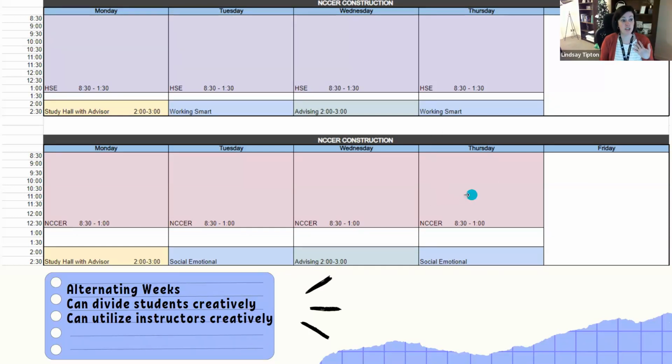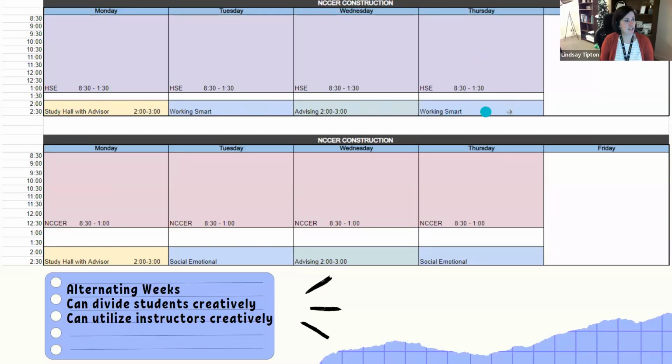So maybe they do NCCER Core, the basic construction, this week, and they do plumbing or welding or whatever the other week, and you can flop them. So that's another way to creatively see how you can be flexible and make it work depending on who you have as your partners.